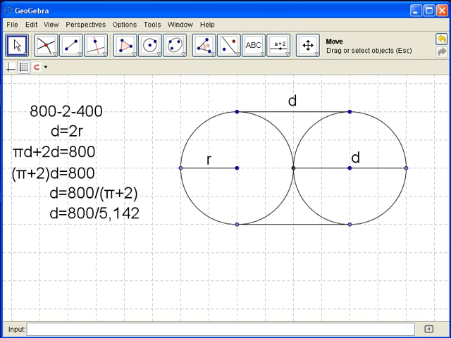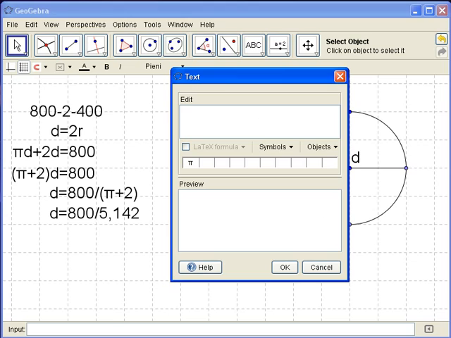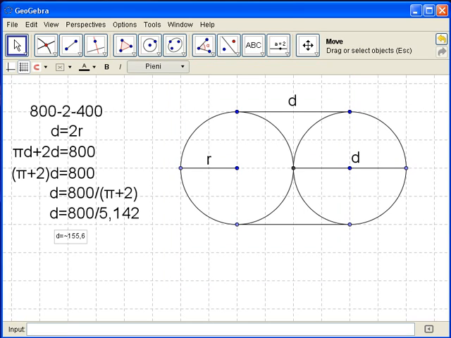Okay, so that would mean that the diameter is roughly that much.